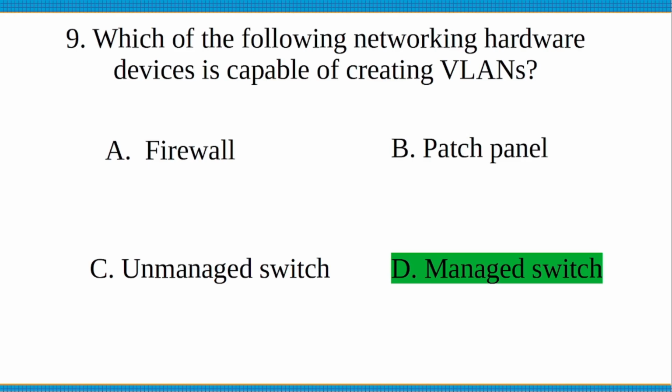A managed switch can create virtual LANs using its management software. A firewall is a hardware or software solution that serves as your network's security guard. Patch panels and unmanaged switches cannot create VLANs.